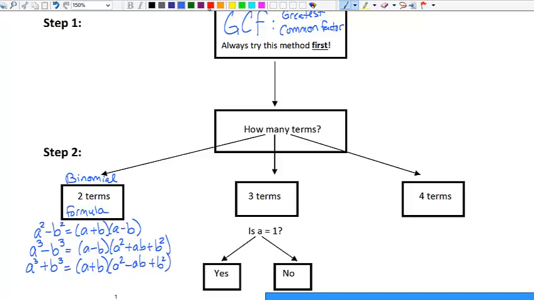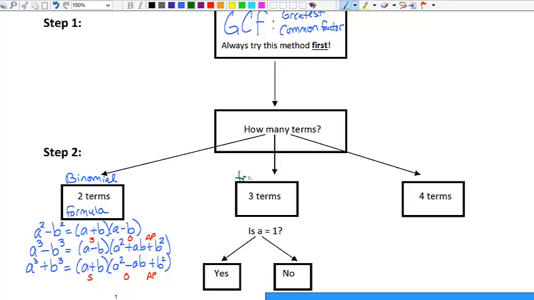As a reminder, those two are going to use the SOAP, same, opposite, always positive on your signs. Okay, that's same for the difference of cubes, same, opposite, always positive. Okay, so if you have a binomial, after you factor the GCF, then you have to use one of those three formulas. If you can't use one of those three formulas, then you can't go any further, and we call that prime.